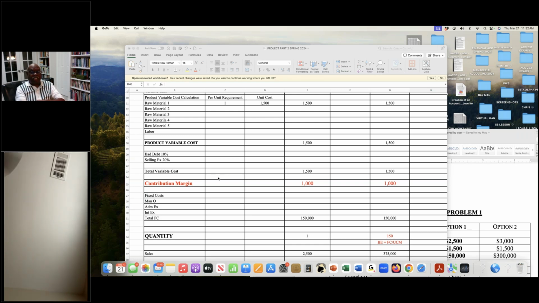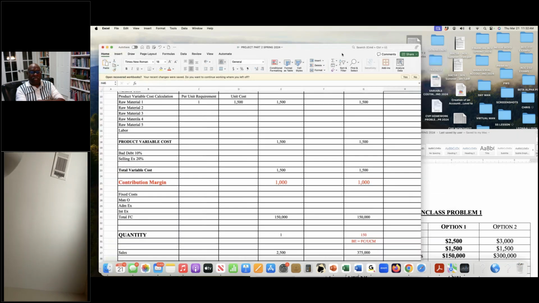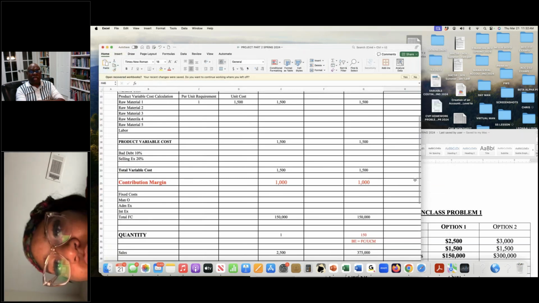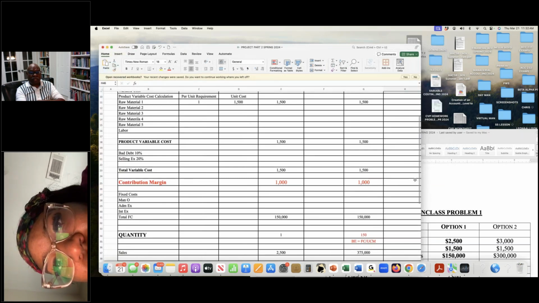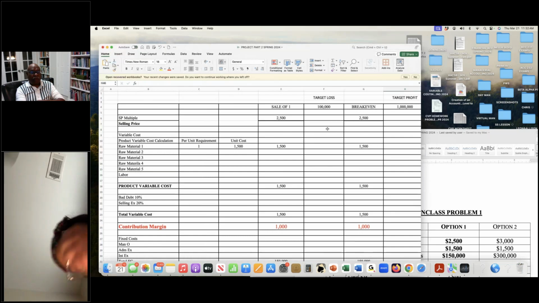The next one we want to look at is what? In a business, a lot of times we'll lose money initially. So let's look at this one, where what's going to be the case that will produce a loss of 100,000? Okay.